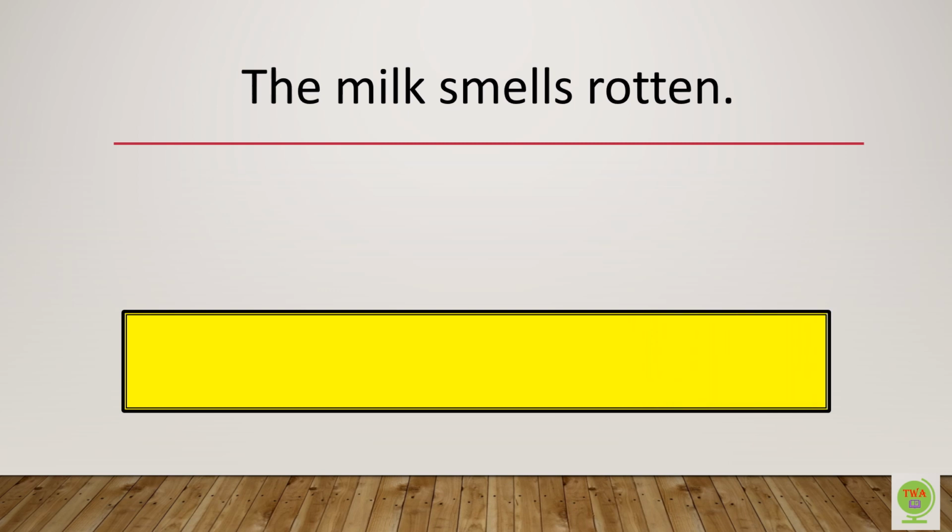Time's up. If your answer is predicate adjective, you are correct. Why? Rotten is our adjective, and the word rotten does not come from a proper noun. So therefore, this is just a predicate adjective. Let's go to the next slide.